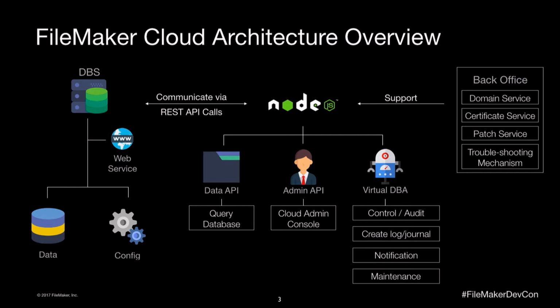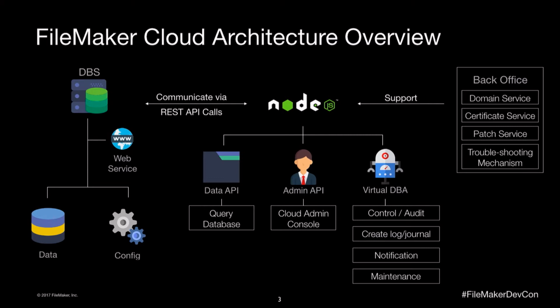We also have the domain name certificate services, as well as the patch services. None of them can run without a RESTful API call. That's why API calls are the center of our cloud server, and the Node.js server has become the key part of the server.